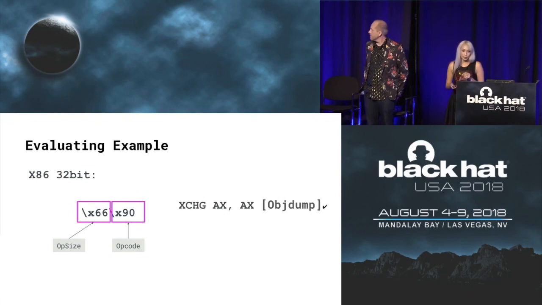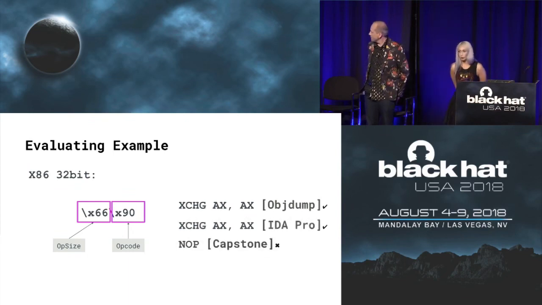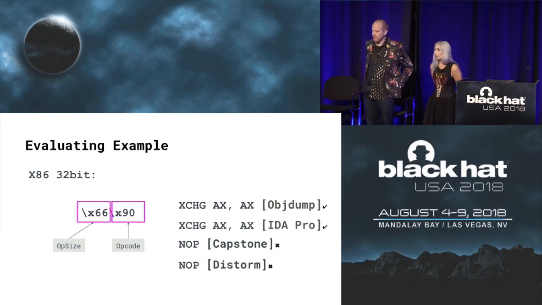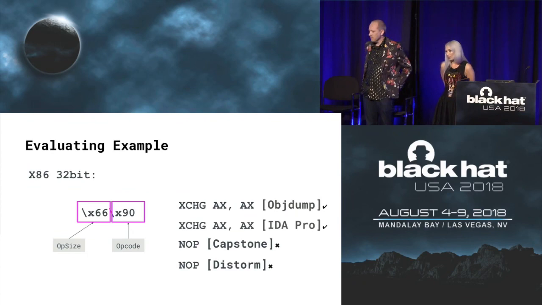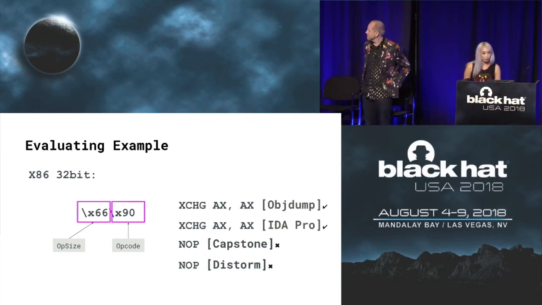But in this case, with objdump, it's actually exchange AX, right? So IDA Pro also does this correctly. But when you look at Capstone and Distorm, it's not reported that way. So sometimes you want that information to be correct across all of them, but it's minor changes in specific instructions.